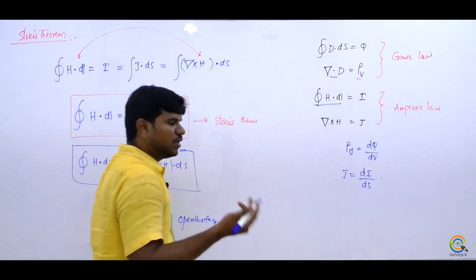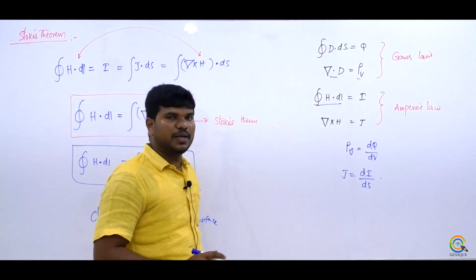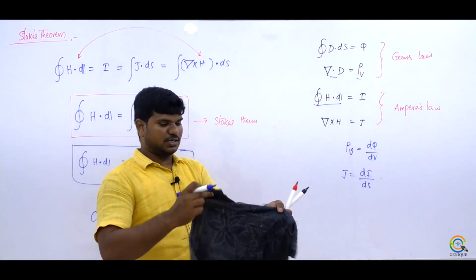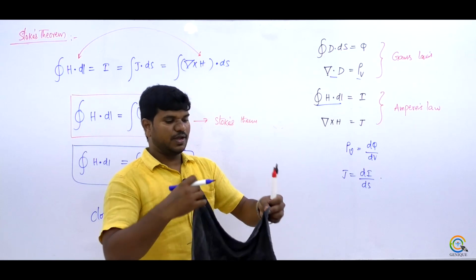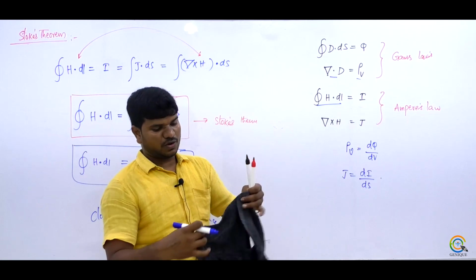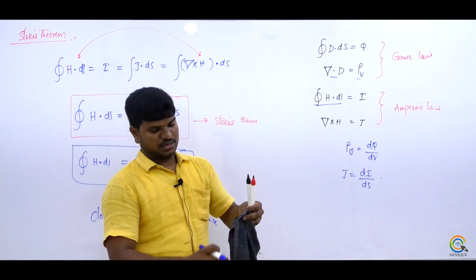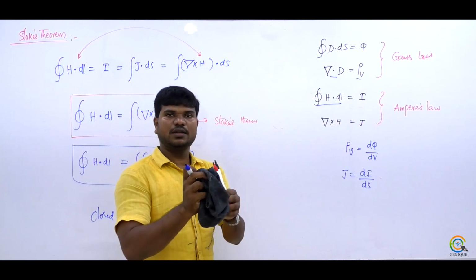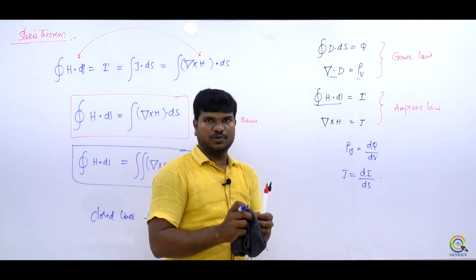Previously, what we got? A closed surface forms the volume. Suppose this is an open surface. If I close this surface, in all the edges, what I will get? I'm getting a volume.